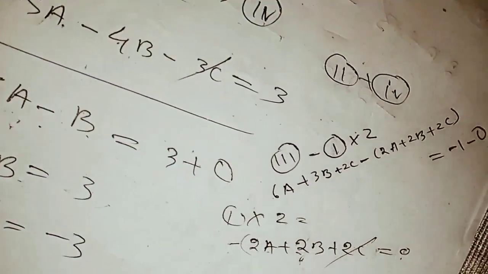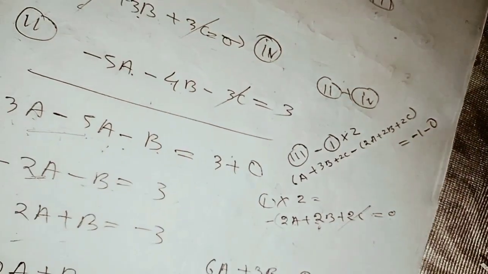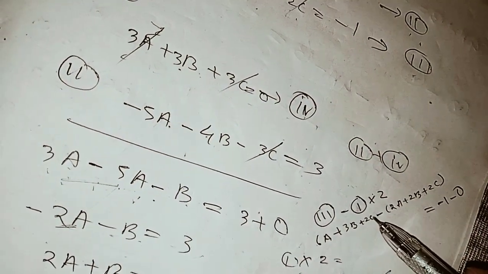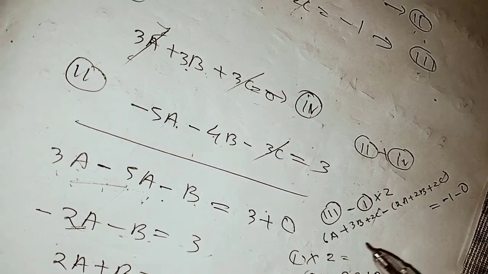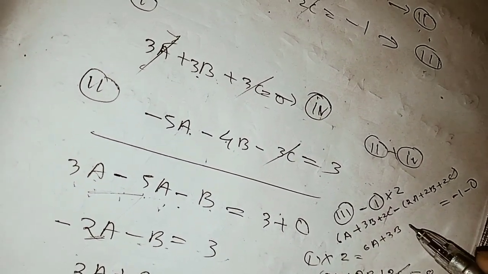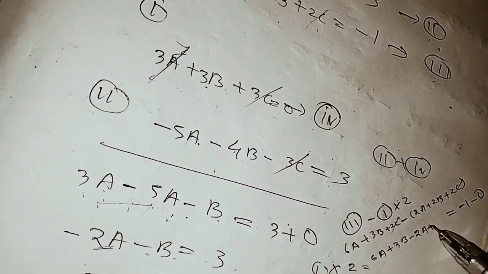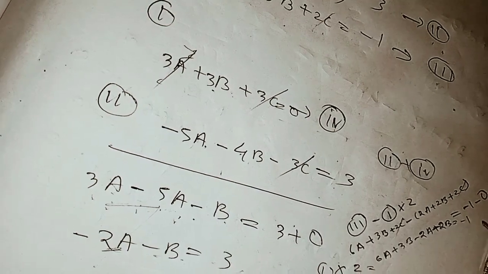Then we get 2c, and 2c will cancel out, then we get 6a plus 3b minus 2a minus 2b is equal to -1.